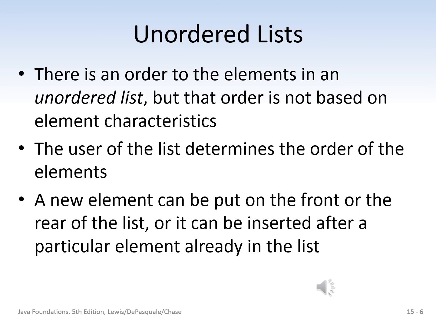So the user of the list determines the order of the elements. And a new element, regardless of its characteristic, can be put on the front, in the middle, which is basically after or before a particular element in the list, which is an interesting differentiation. Or you can put it at the end of the list. So you can put a new element in a list in front of an existing element or behind an existing element or at the front or at the end.